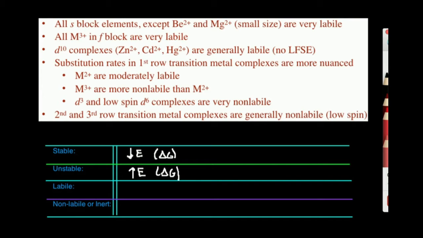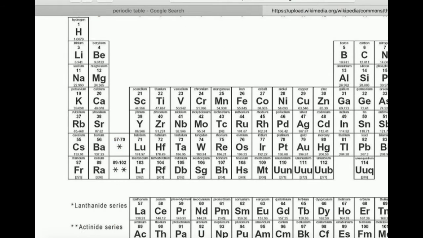Okay? And the last rule that we're going to go over is that second and third row transition metal complexes are generally non-labile. They're generally fairly inert. That means if we're talking about something from yttrium over to cadmium, or lutetium, I'm not exactly sure how you pronounce that, over to mercury, anything in the second row or third row, those are generally going to be pretty inert.